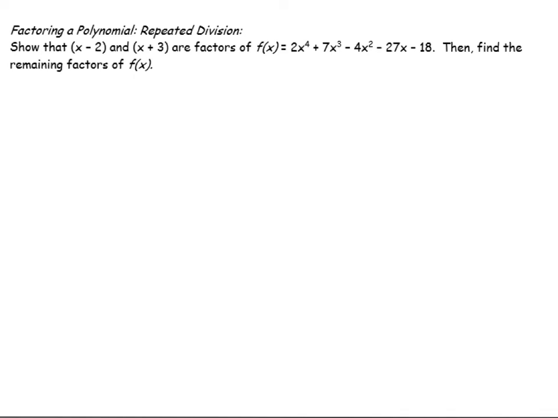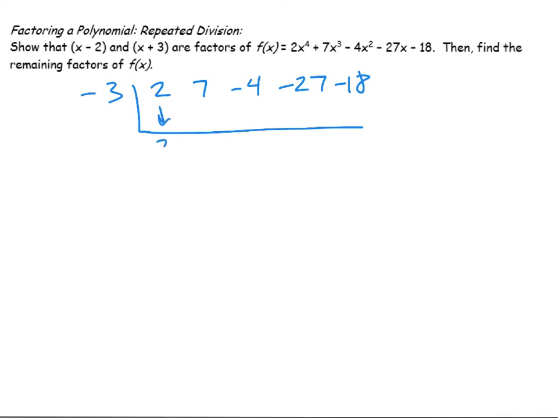So right off the bat, x minus 2. I'm actually going to start with x plus 3. I'm going to check and see if x plus 3 is a factor. Here's all my coefficients: 2, 7, negative 4, negative 27, negative 18.